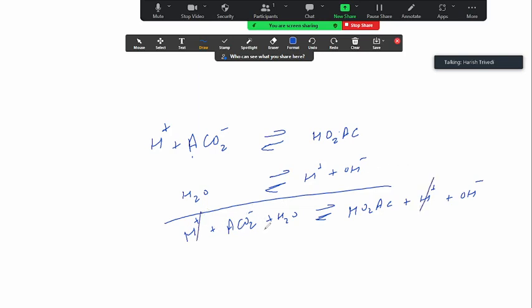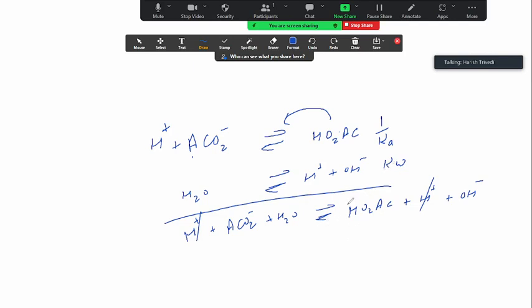Now you can say this will be equal to 1 upon Ka, because it is just the inverse reaction of the acid dissociation. So I am writing 1 upon Ka, and this is Kw, the dissociation of water.